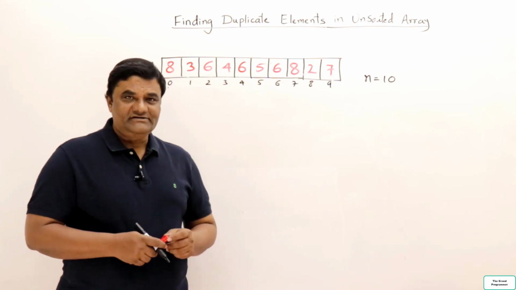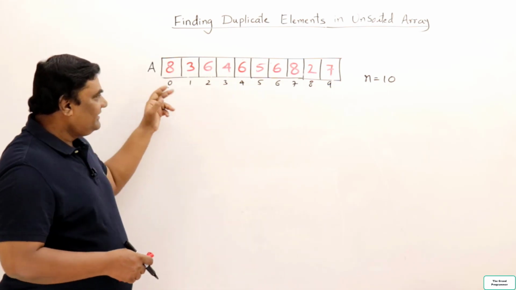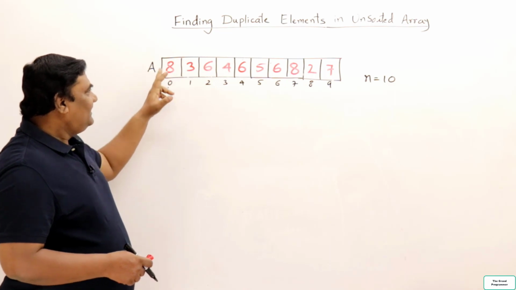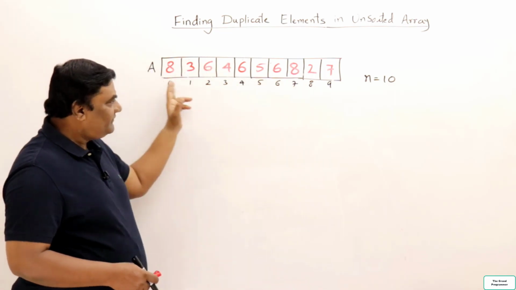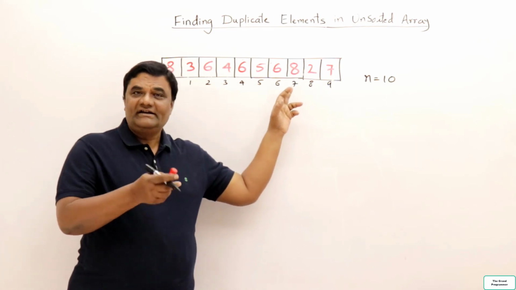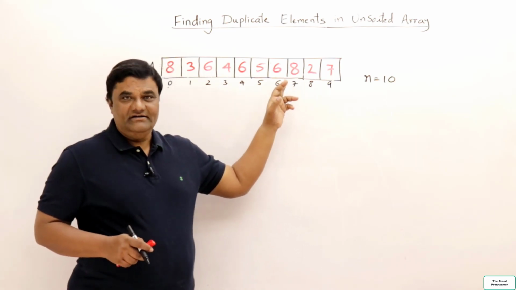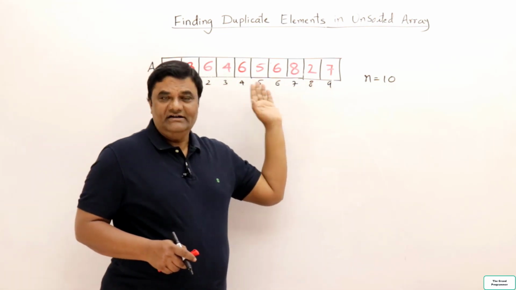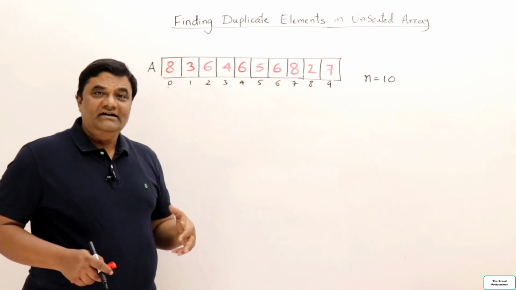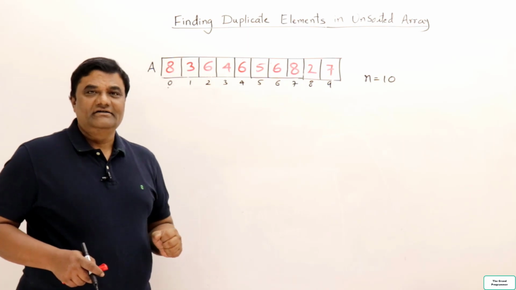So first solution let us look at. We will scan through an array, we'll pick up an element and look for its duplicate. Like 8, we will check in the rest of the array and find out is there any other 8 present in an array. Next we'll pick up 3 and check in the rest of the array to find if there is any other 3 present in an array.